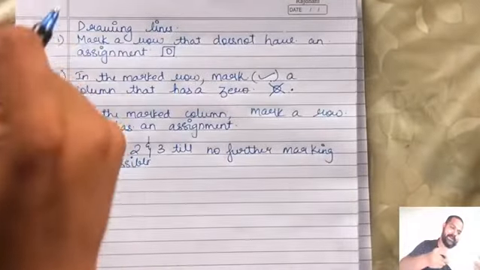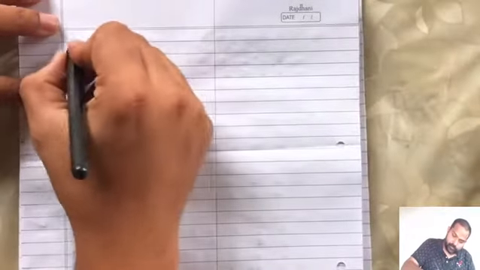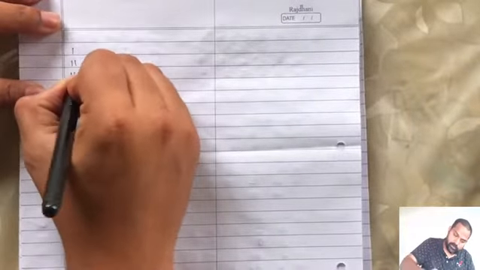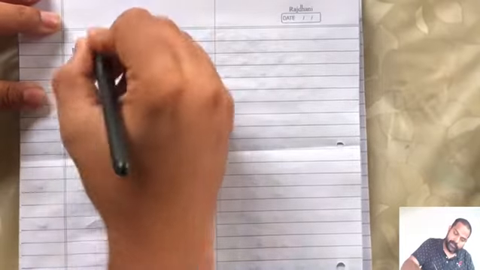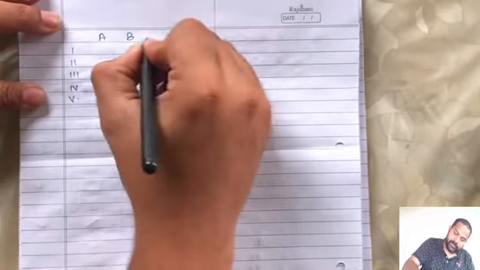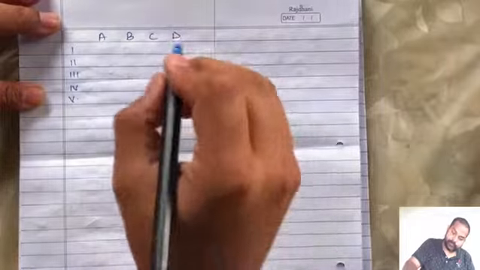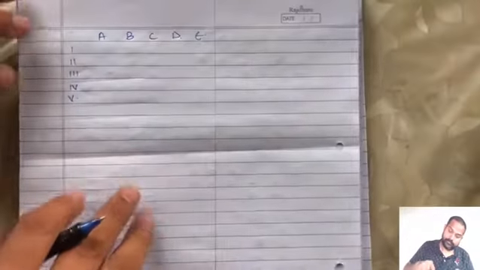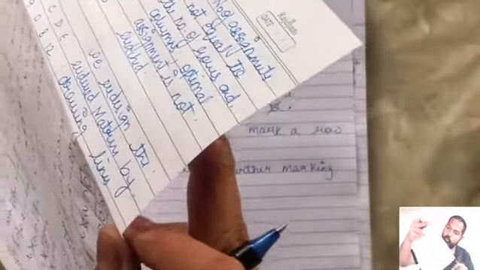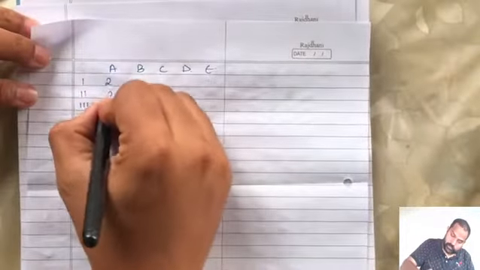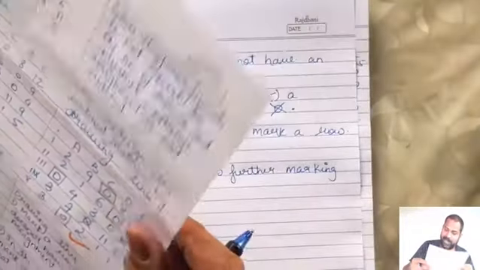Let me quickly write this down. A, B, C, D, 1, 2, 3, 4, 5. So 1, 2, 3, 4, 5. A, B, C, D, E. Correct? Yes. A will be 22033. B will be 91470.